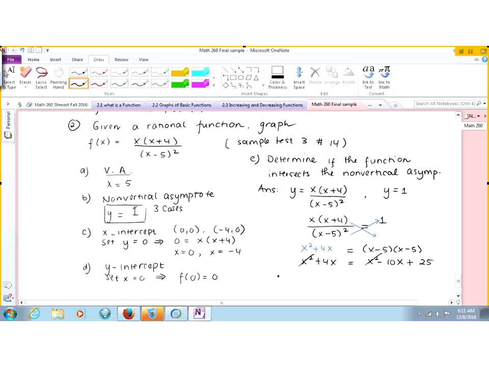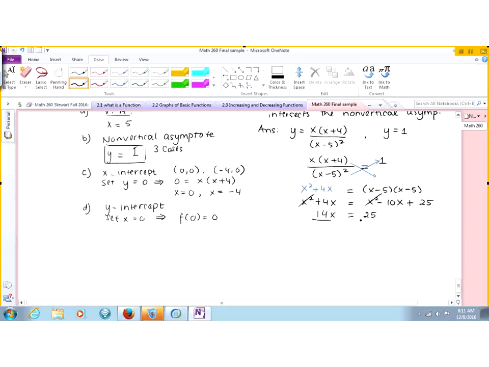Yes. So add 10x to both sides. So this is 14x. 14x is equal to 25. Then divide both sides by 14.